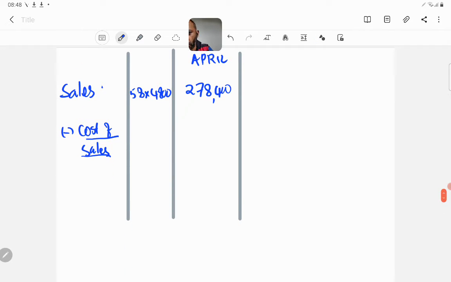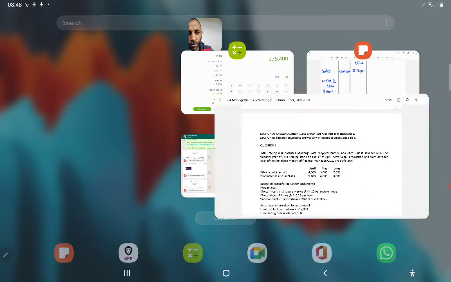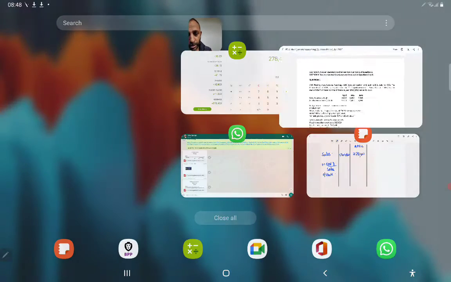Cost of sales includes opening stock. Let's find out whether they have any opening stock. If you look into this example, they don't speak about opening stock, so we have to understand that there is no opening stock.